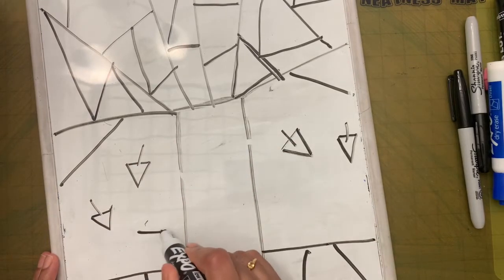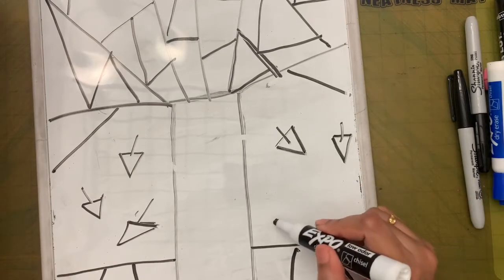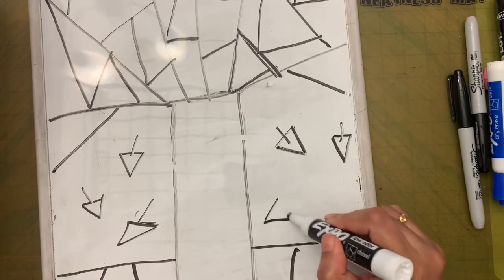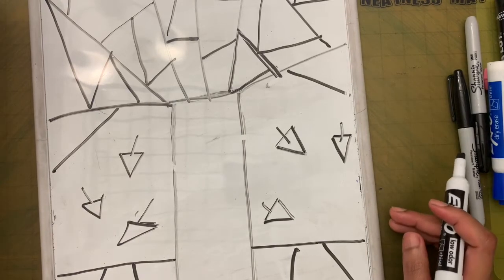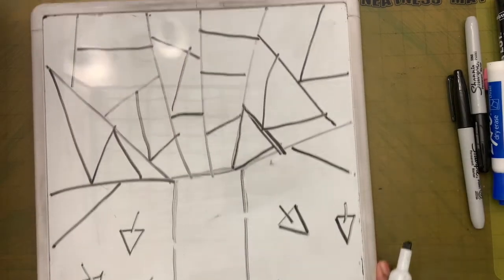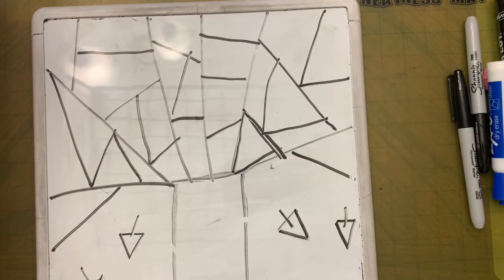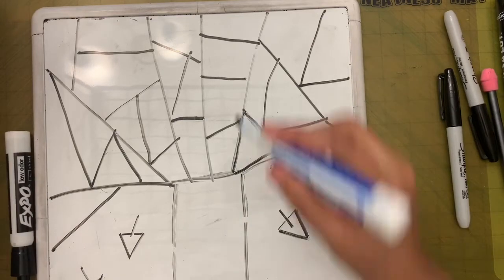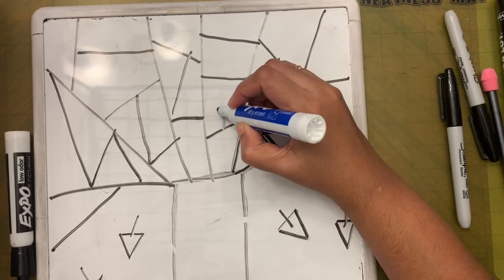And leaves fall in different directions, right? So I'm putting the triangles in different directions. So I have that done. Now inside these lines, I'm going to make some small branches to add more details to this one. So I'm going to do that so that you guys can see.